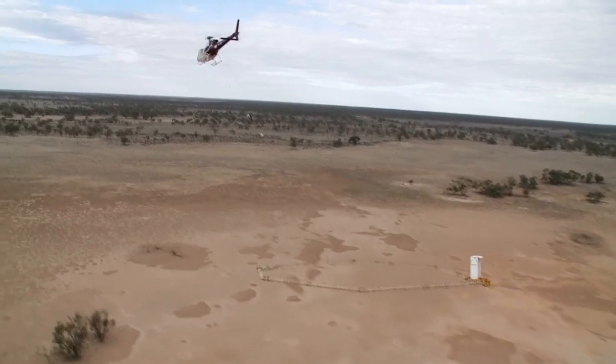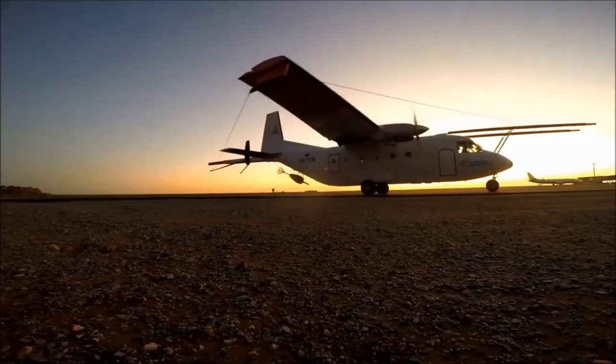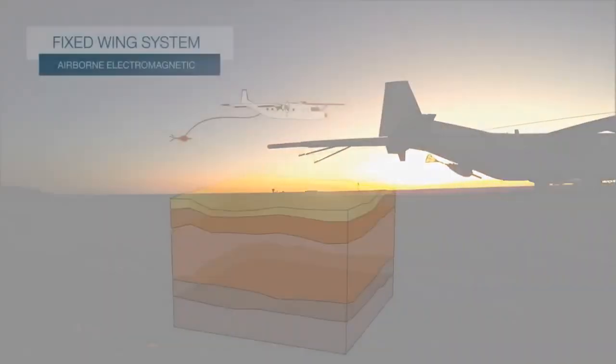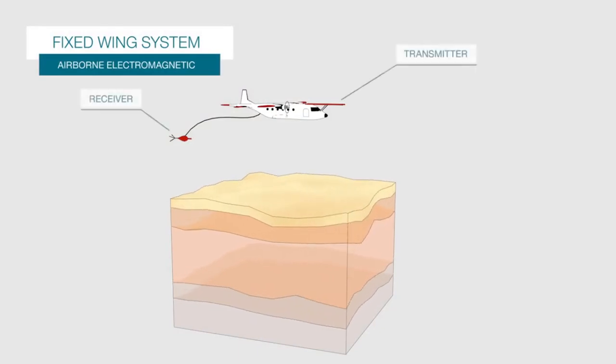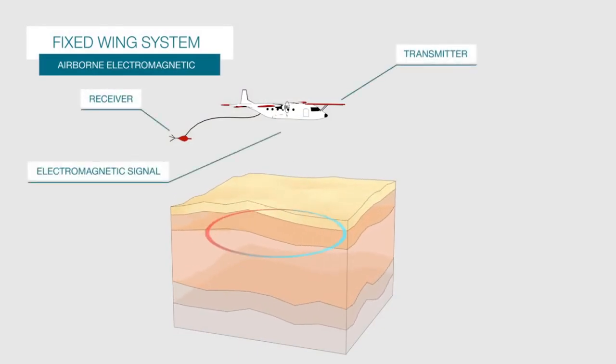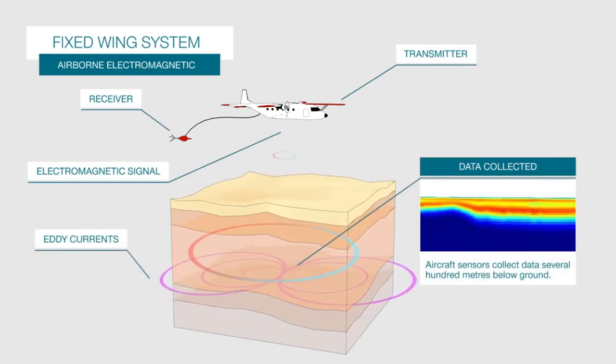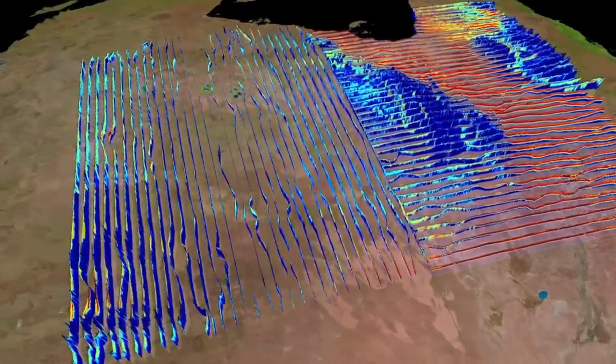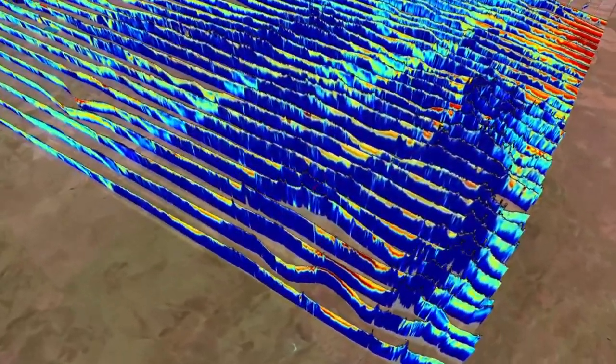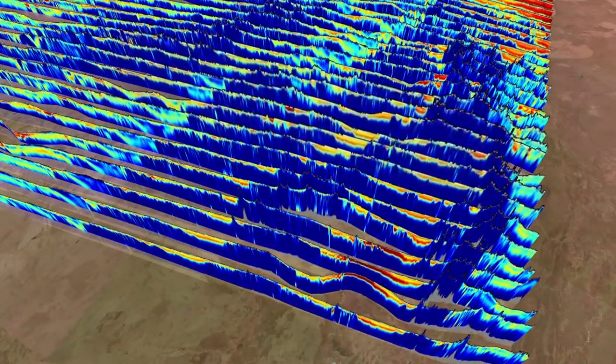This type of survey is commonly used by industry to aid in mineral and groundwater exploration. An aircraft fitted with special equipment collects data from its sensors that image several hundred metres below the Earth's surface. The data is analysed into a 3D environment to better understand the geology of the survey area.